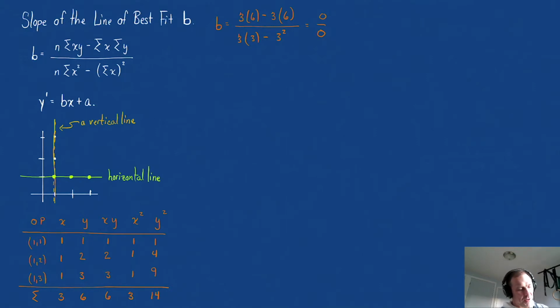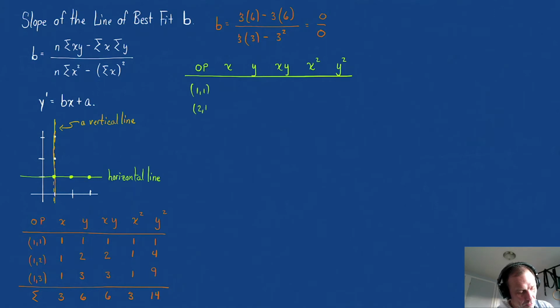So now let's make another table and repeat this process. So we have my ordered pair, my x's, my y's, my xy, x squared, and y squared. My ordered pairs are (1, 1), (2, 1), (3, 1).